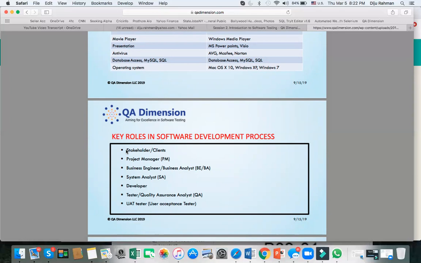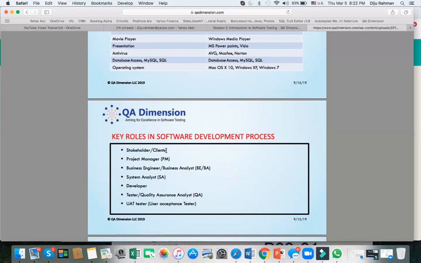There is a client, or some other person or entity, who is giving money to some company, development team, or implementation team to build their software. In this case, those people are called stakeholders or clients, whoever is giving money, right?